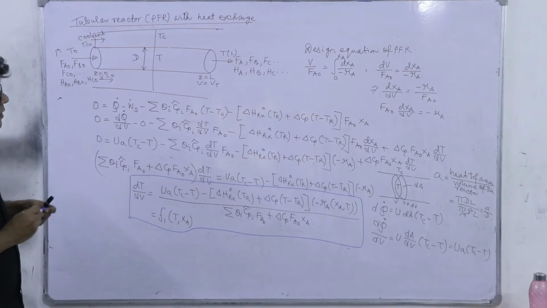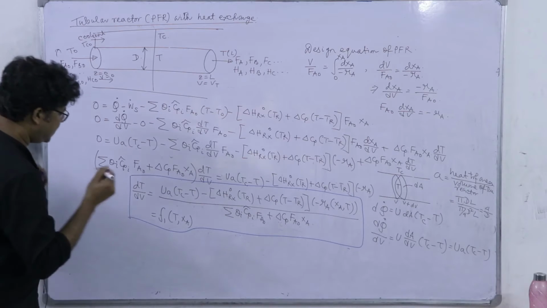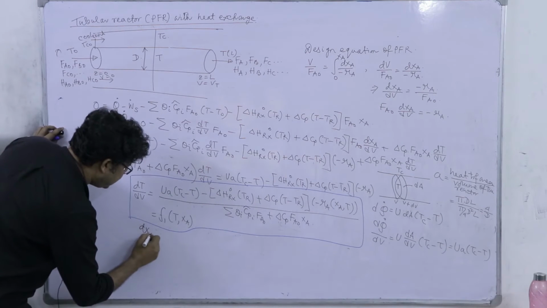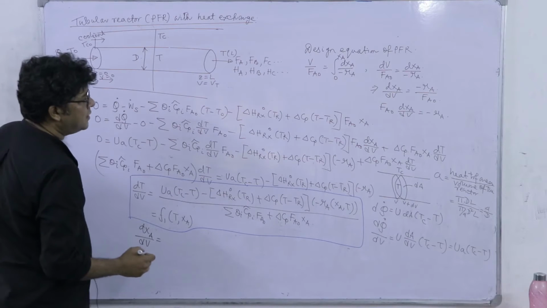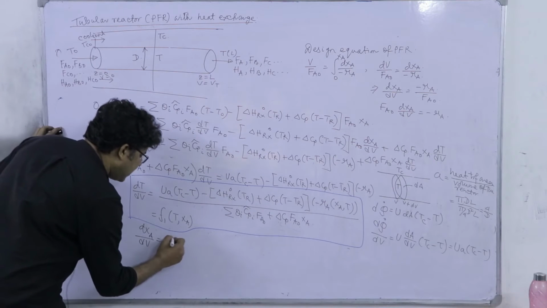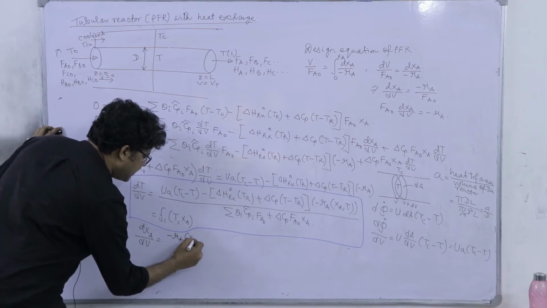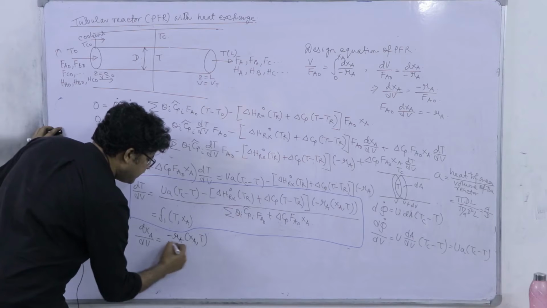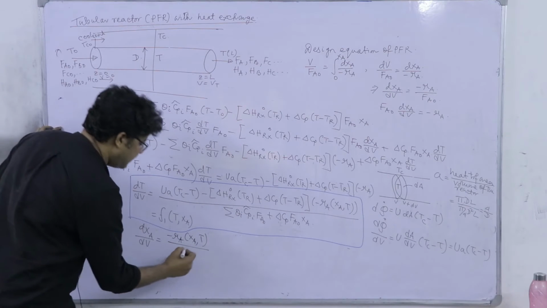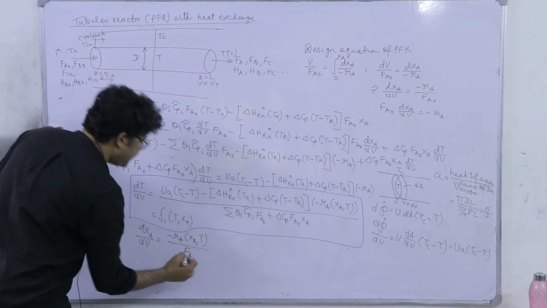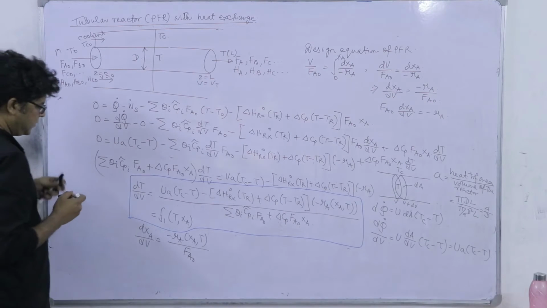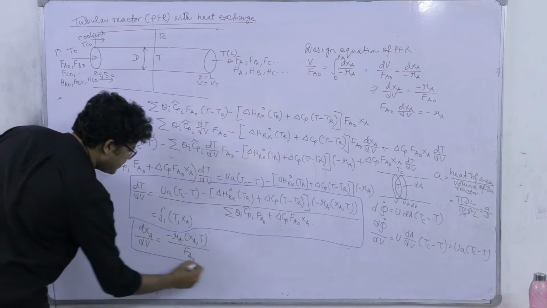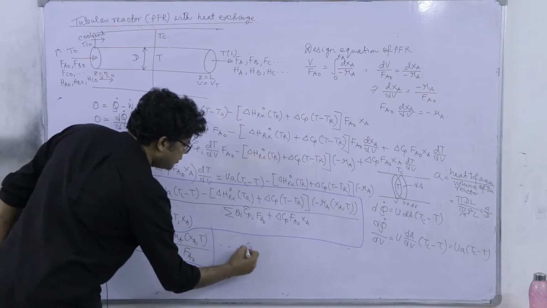And the second equation we have already derived, that dxa/dV is equal to minus Ra, which is a function of xa and T, divided by Fa naught. So now you see, this is equation number 2.